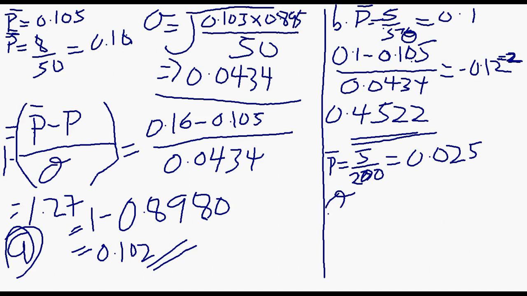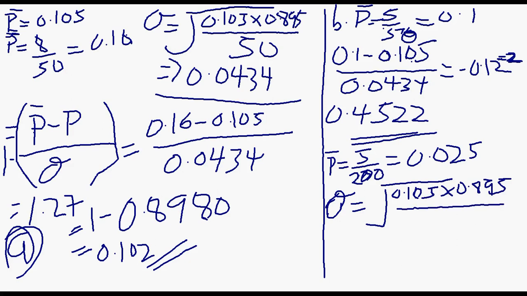The standard deviation will now be equal to the root of 0.105, which is already the 10%, times the probability of failure, 0.895, all over the new n, which is 250, sorry.